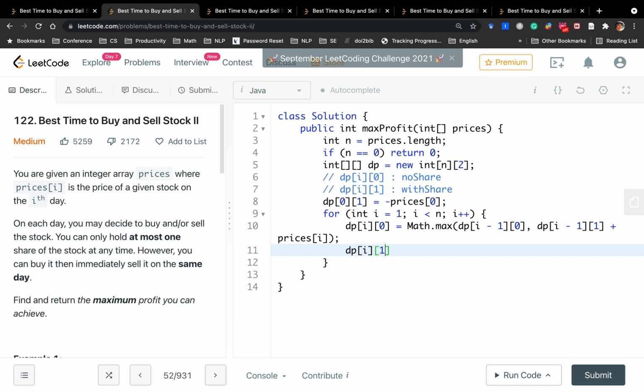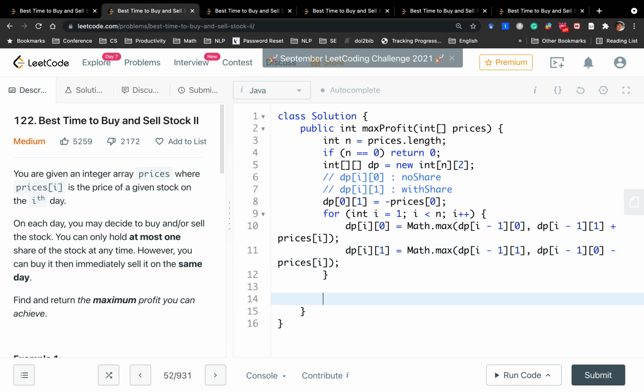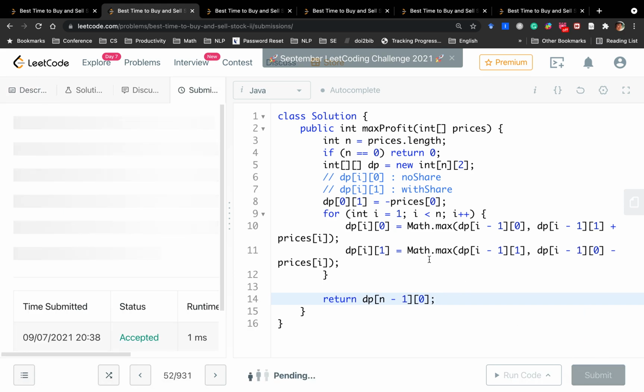Okay, if today we have a share, then the possibility is that yesterday we also have one, or yesterday we don't have one and we buy a share today, so we should subtract today's price. And in the end, we should return dp[n-1] without share, which is 0. Okay, so that's it.